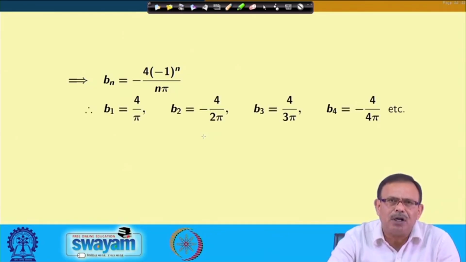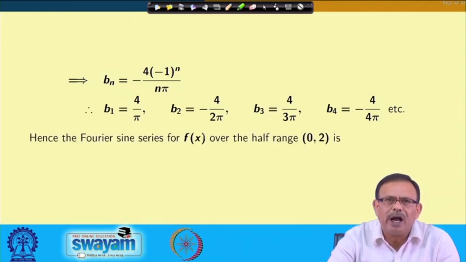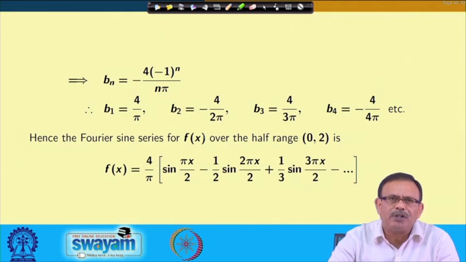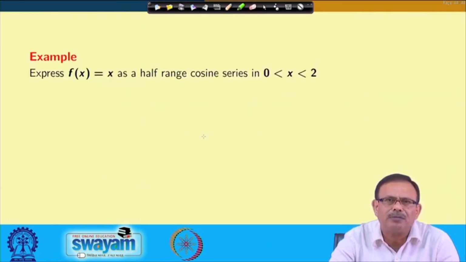So, you can calculate b 1, b 2, b 3 and all this, and from here you can write down the Fourier sine series, half range sine series of f x in 0 to 2, which will be f x equals 4 by pi into sine pi x by 2 minus half into sine of 2 pi x by 2 plus 1/3 sine 3 pi x by 2, and like this way it will go on.